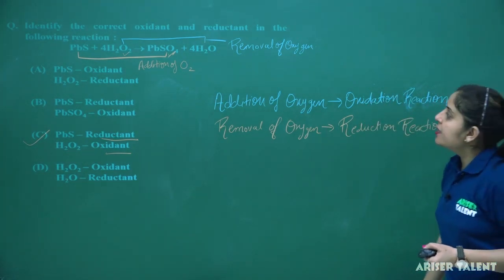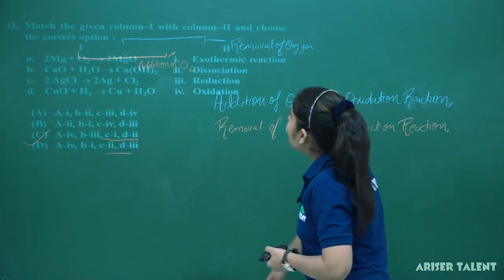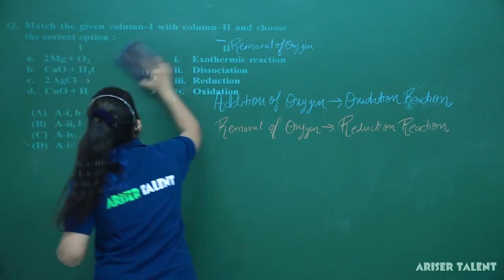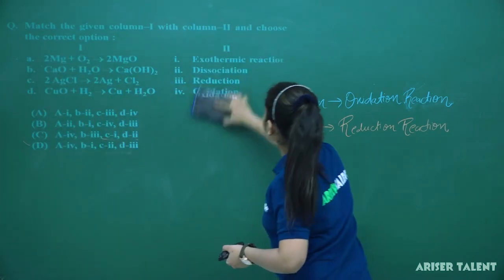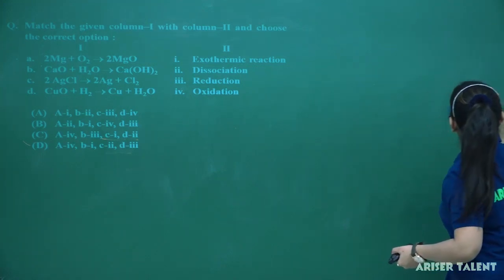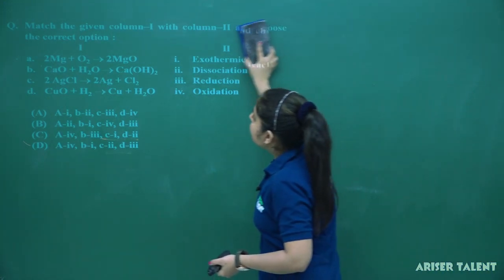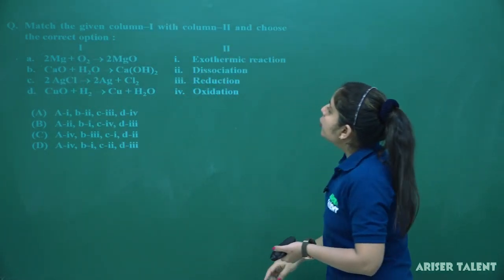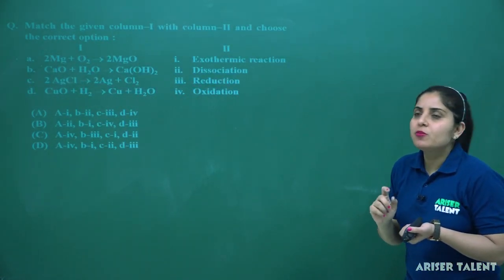Now we are on our next question. Match the given column 1 with column number 2 as a correct option. Now we will consider these equations one by one. 2 Mg plus O2 gives 2 MgO.